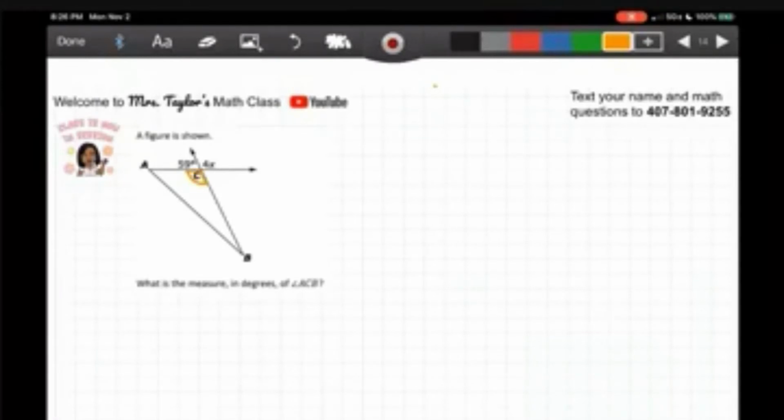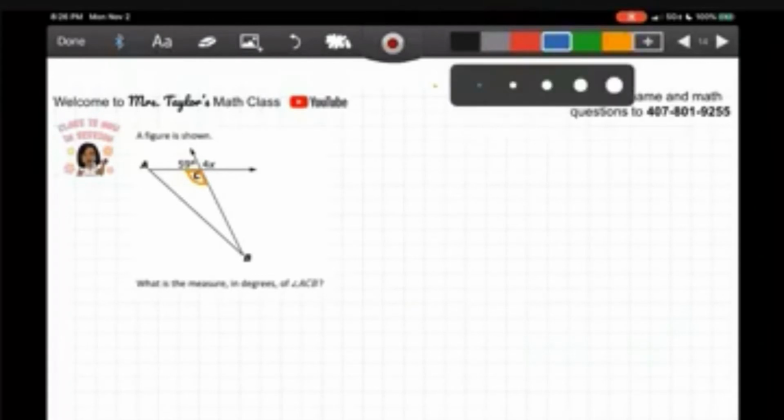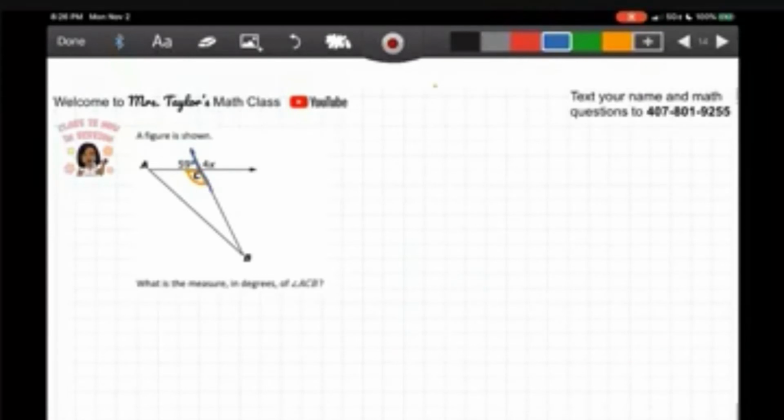This portion here. But what I know is that angle ACB is a vertical angle with the 4x. So you have this right here. Those are vertical angles. So angle ACB is also equal to 4x.